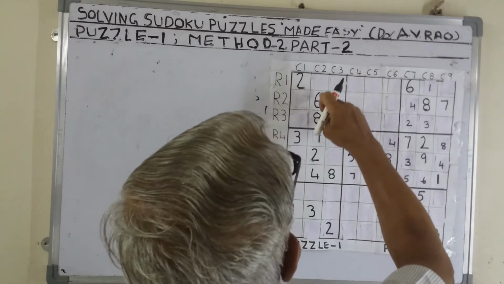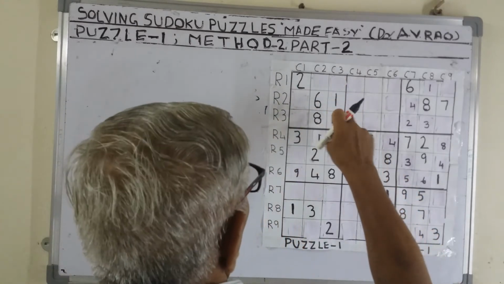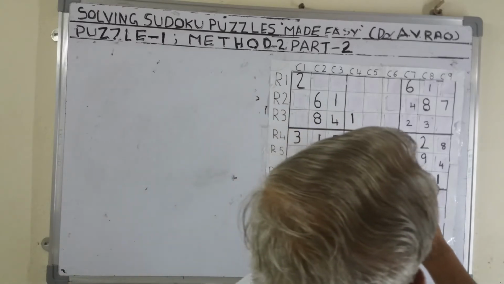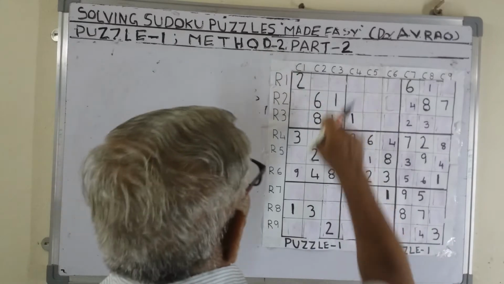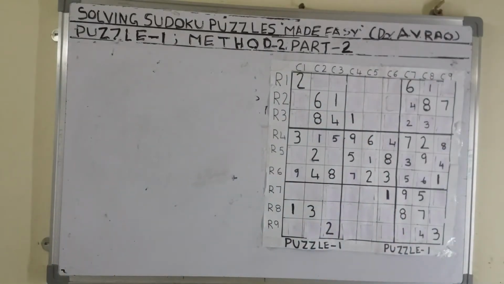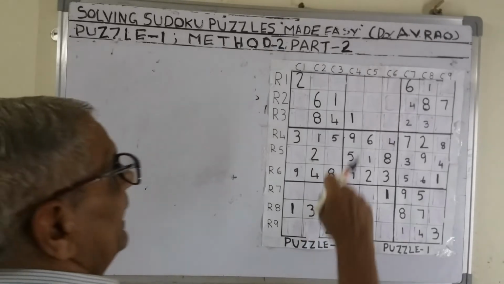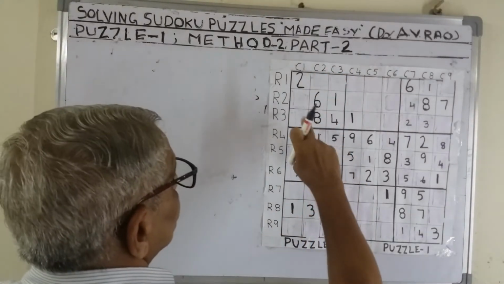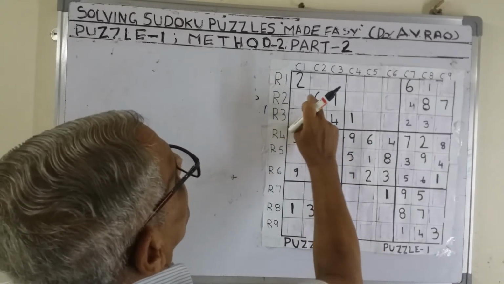Let us come to this. Now box 1 also has about 5. Well, let us take box 1 and see this cell.